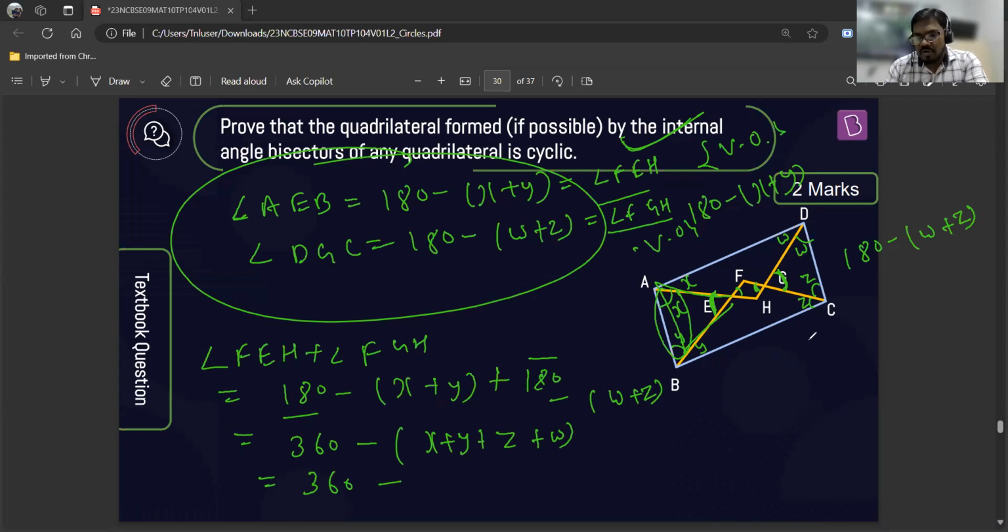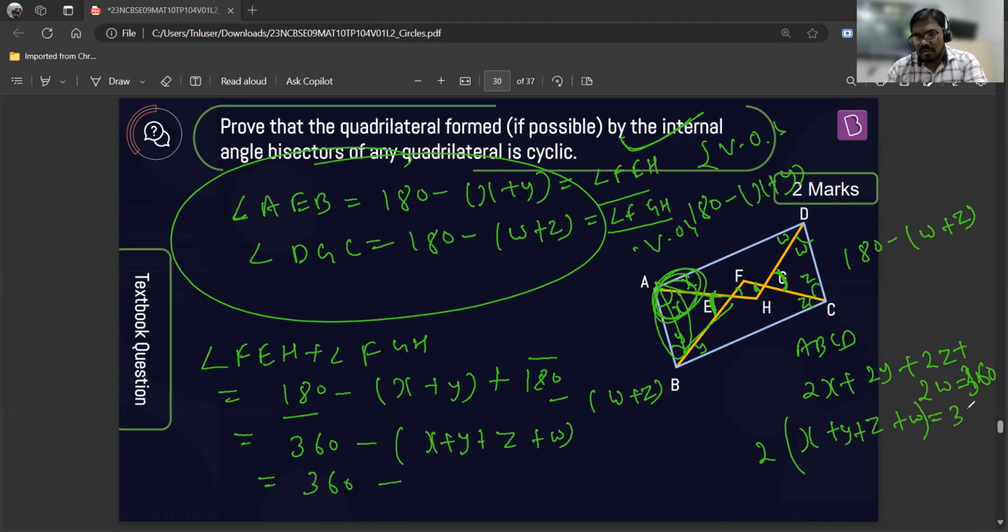Here in this quadrilateral ABCD, 2X plus 2Y, because we are taking XX, the 2X means angle A, 2Y means angle B, 2Z means angle C, and 2W means angle D. And this is 360, the angle sum of a quadrilateral. So taking common, X plus Y plus Z plus W is 360 over 2.